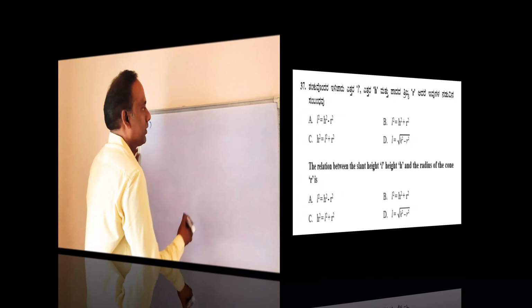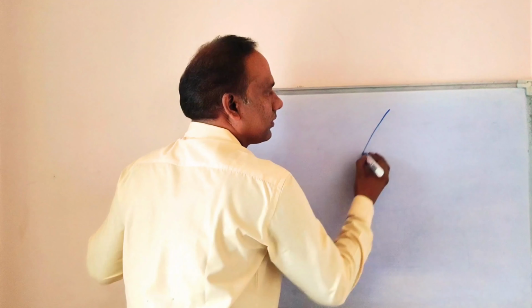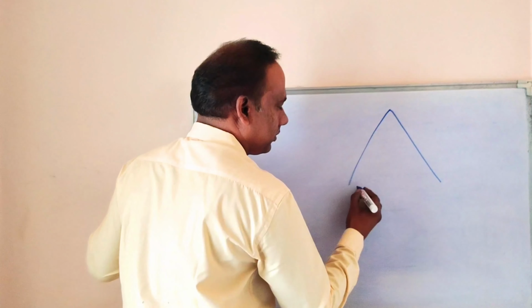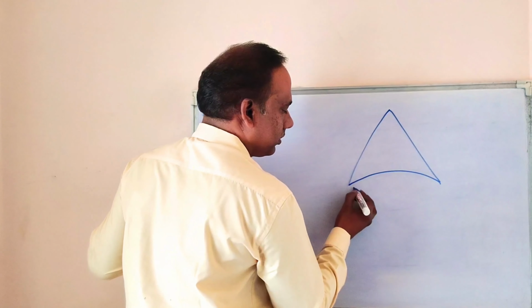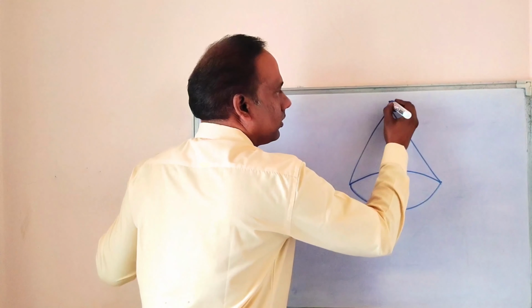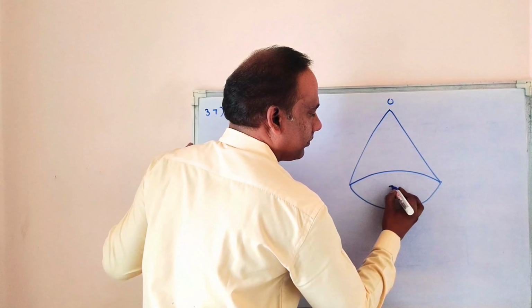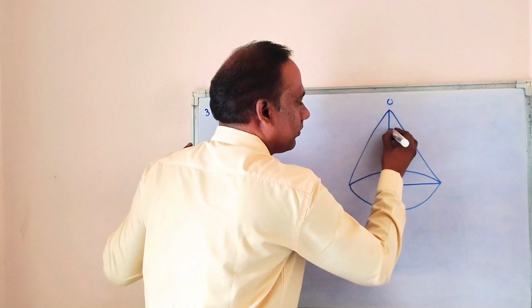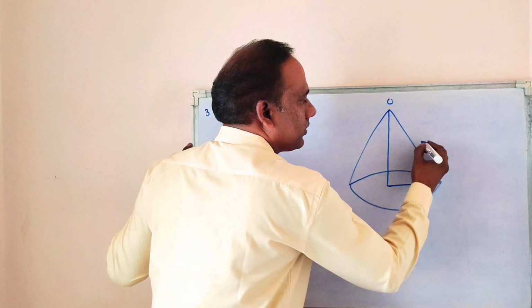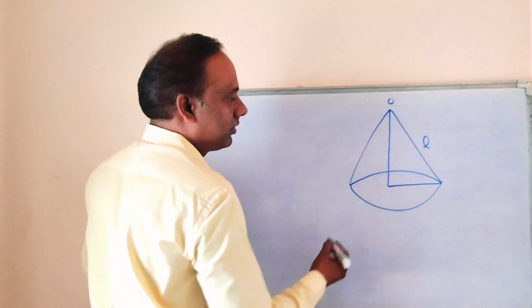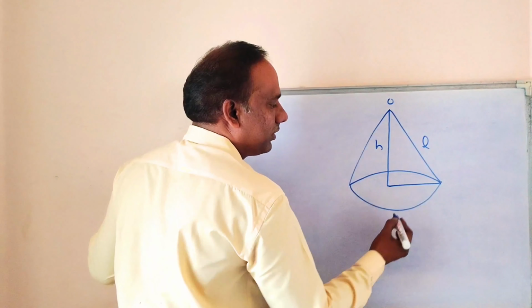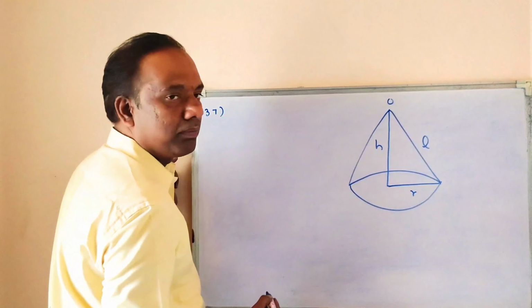So here actually the diagram is, suppose if you take this as O. So this is the slant height, this is the height and this is the radius of the base.